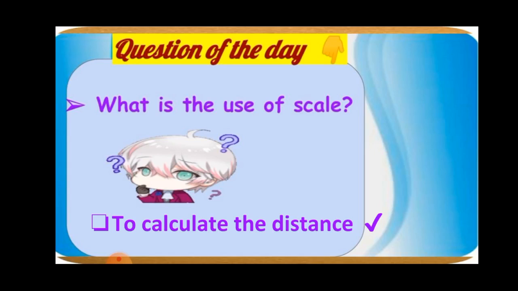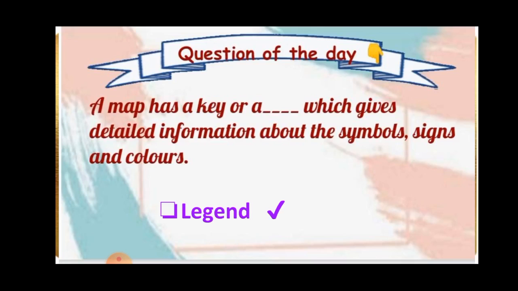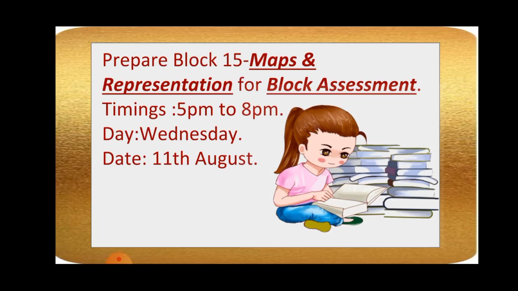Then the third question of the day was, what is the use of scale? So the use of scale is to calculate the distance. And in the fourth, a map has a key or a legend which gives detailed information about the symbols, signs and colors.